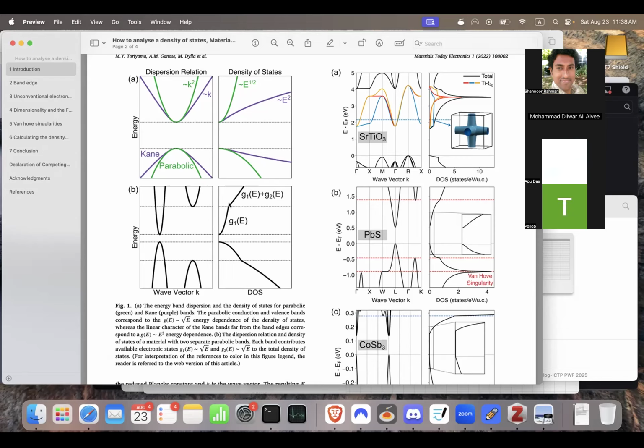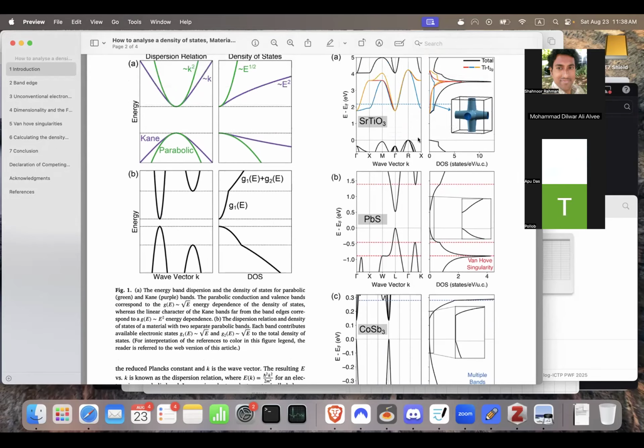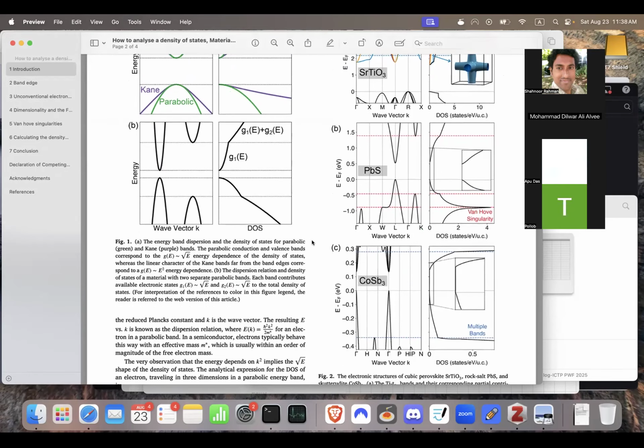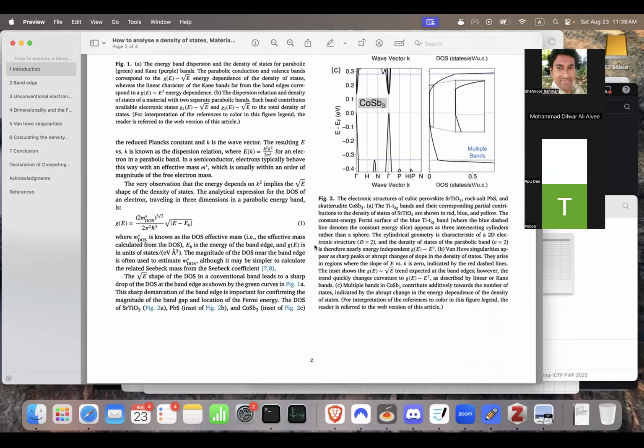And from here, we have both G1 and G2, both bands contribute. And the gap is also there. That's how you can relate which part of the density of states is related to which energy band. And these are more complicated examples. Just read it once and probably you'll have some ideas how things work.